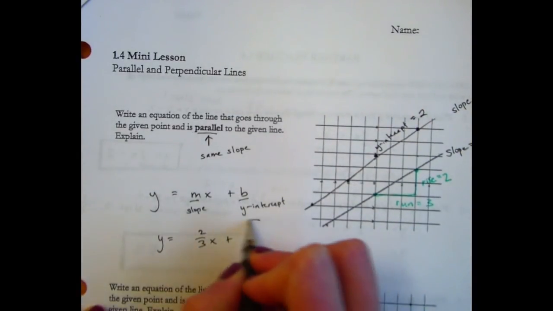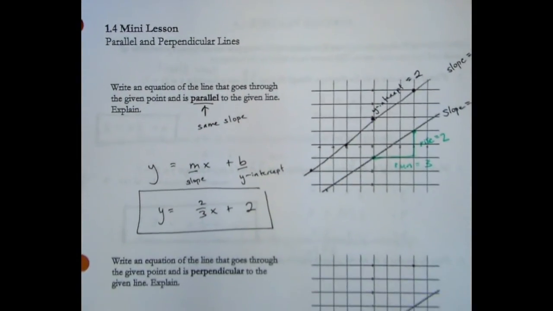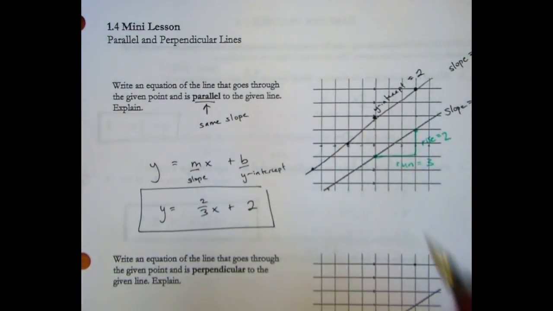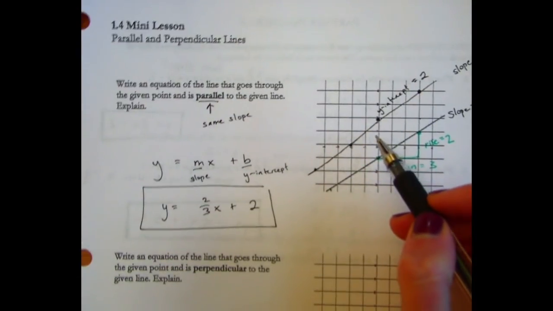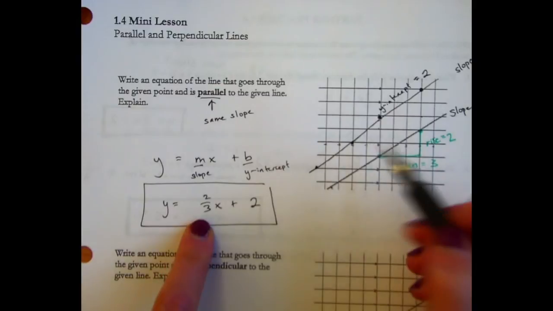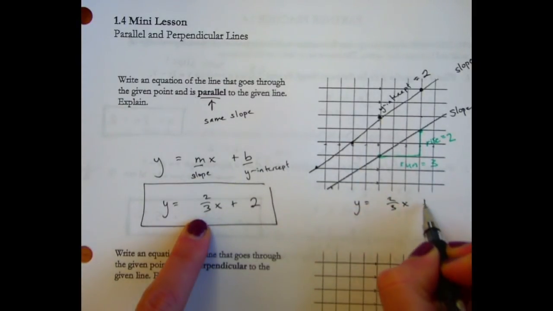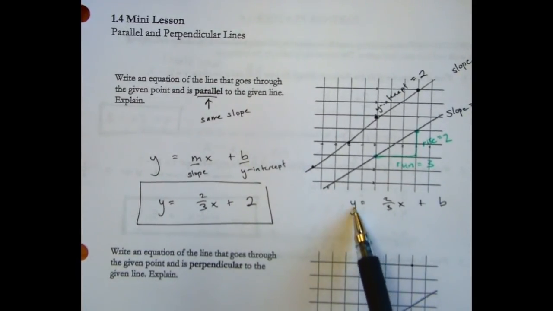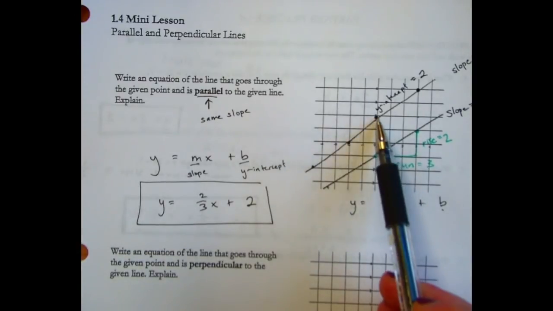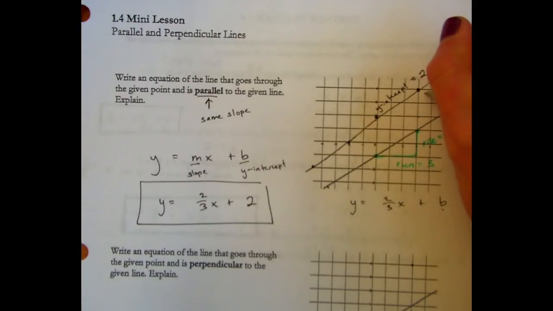All right, and then if I wasn't able to see visually that the y-intercept was 2, then what I could do is, if I had y equals 2 over 3x plus b, I have 3 variables, a y, an x, and a b, and then I also have the point that the line goes through. The point that I was originally given was (3, 4), an x value of 3 and a y value of 4.